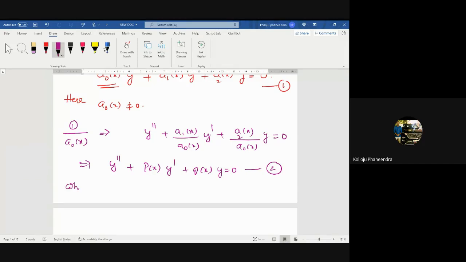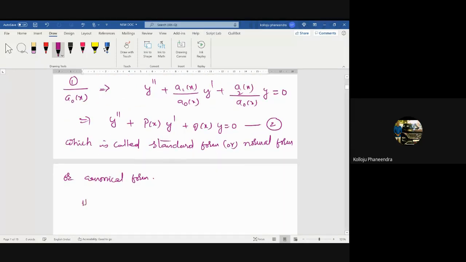Equation 2, which is called normal equation or standard form, or normal form, or it is also called canonical form. Here, p of x is a1 x over a naught x, and q of x is a2 x over a naught x. Remember, a naught x is never 0.